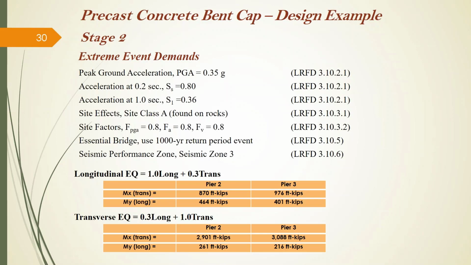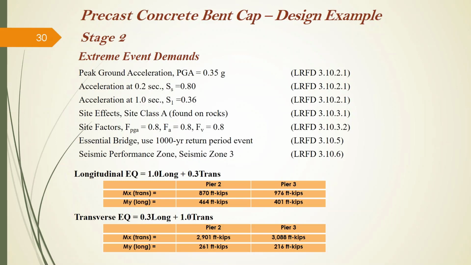Also, for stage 2, we need to look at the extreme event demands, and normally in this stage we'll do a multimodal elastic seismic analysis, or response spectrum analysis, and we do that by obtaining some seismic parameters from our geotechnical engineer, which are shown here.